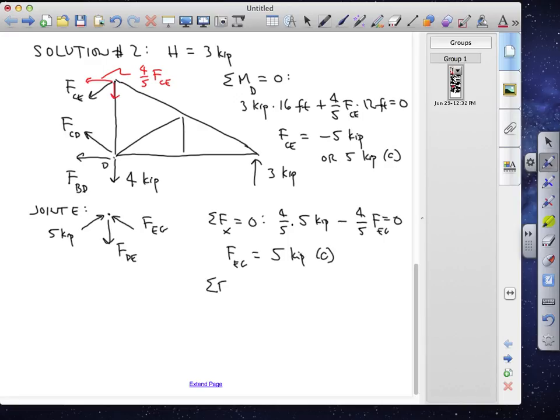And in the vertical direction, we again have 5 kip sine theta plus sine theta FEG minus FDE is 0, and using our 5 kip load for FEG, we again get FDE is equal to 6 kip in tension.